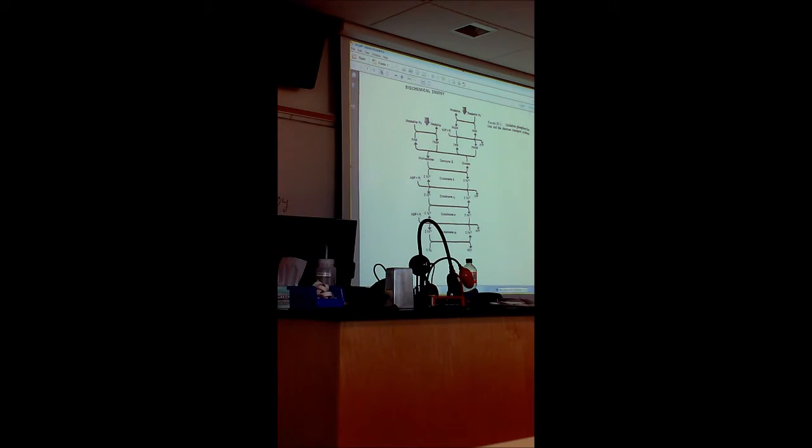FADH comes in a step late. NADH transferred its electron to FMN. FADH skips that step and goes right to quinone and transfers the electron there, making hydroquinone.